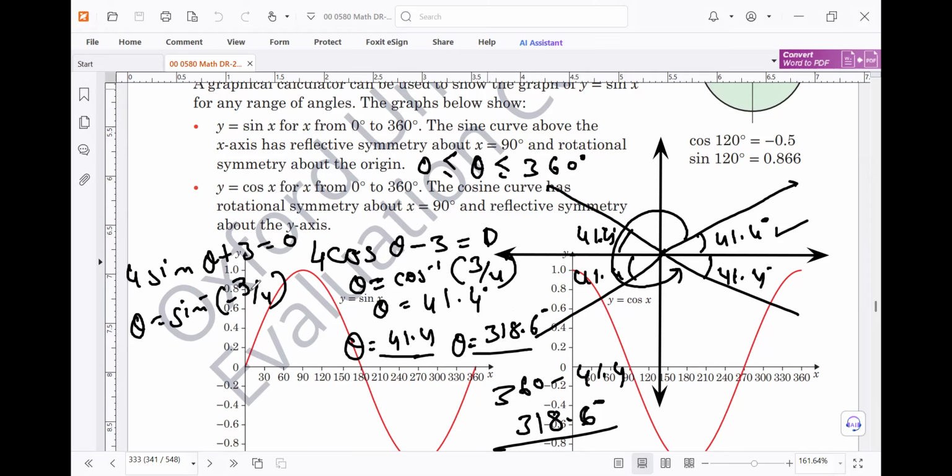Check this. It will be negative, minus 48.6 degrees, right? It is getting a negative angle.